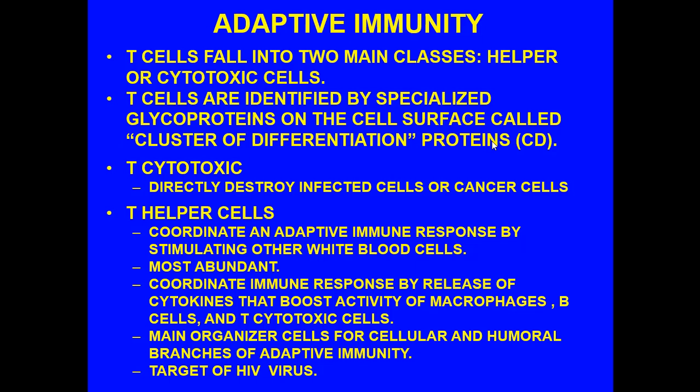T helpers are most abundant when it comes to the T cells. They coordinate immune responses by release of cytokines. Okay, the cytokines will boost the activity of macrophages, B cells, and T cytotoxic cells. The main organizer cells for the cellular and humoral branches of the adaptive immunity, well, that's T helper cells. We're going to get into the subtypes of T helper also.